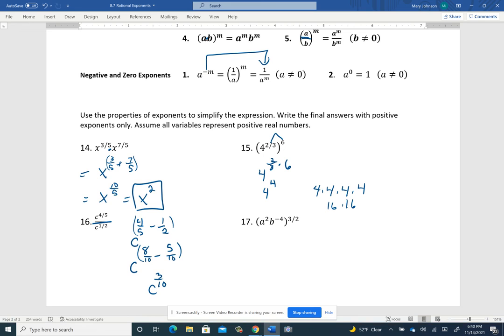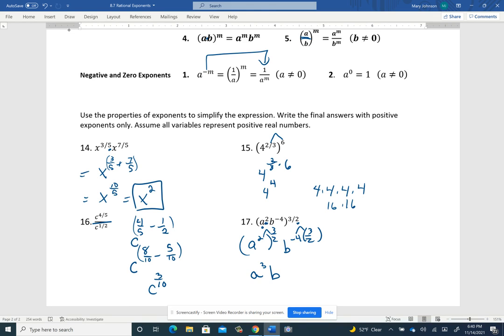All right. And then on this last one, we have a product being raised to a power. So that means we can raise each of these to the 3/2 power. So we would do that. And really, I would normally just go ahead and multiply that out. But it's been a while since we did this. So I wanted to remind you of what I'm doing. So these would get multiplied. These would get multiplied. So this would be a to the 3rd. This would be b.